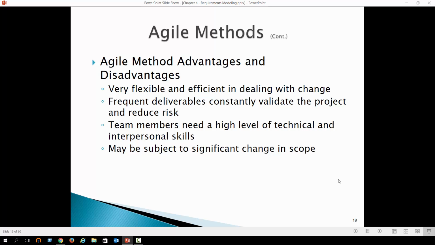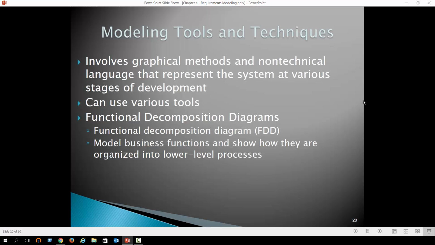Yes, we're all going to need to work together and communicate effectively. In the Agile method, and a lot of these methods, we need to introduce the users to the technical aspects. They need to understand what it might mean if we're building a cloud-based application. It may also be subject to significant change in scope. Yeah, we have to be careful with change in scope.